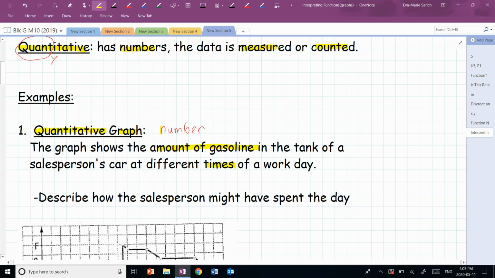So now when we think about these two pieces of information, is the amount of gasoline in the tank going to be driving this, or will the time of day be driving the information? So thinking about this, does the amount of gas in the tank depend on the time, or does the time depend on the amount of gas?